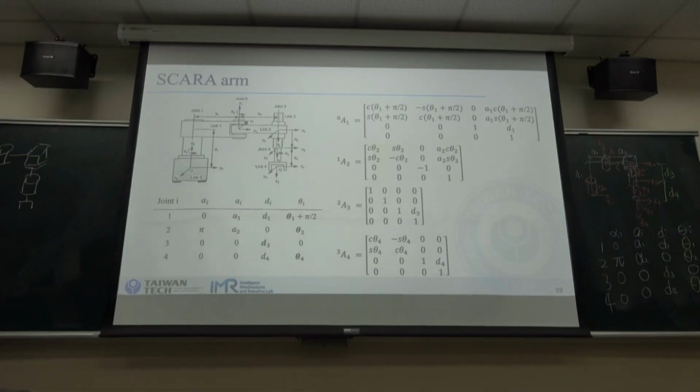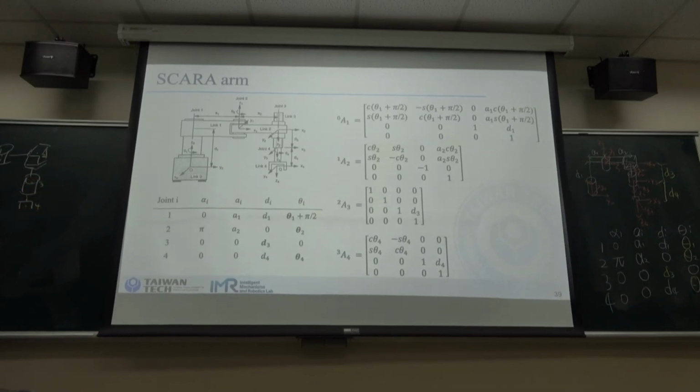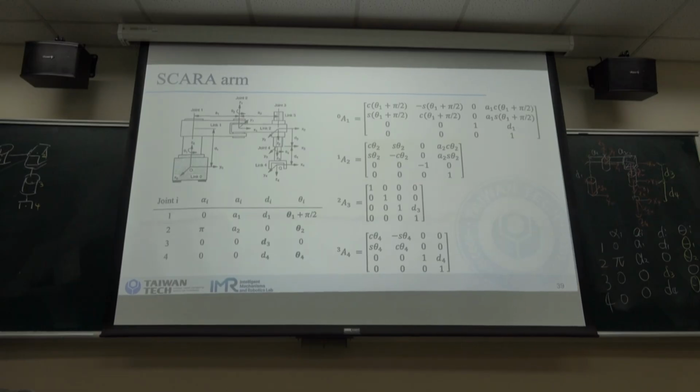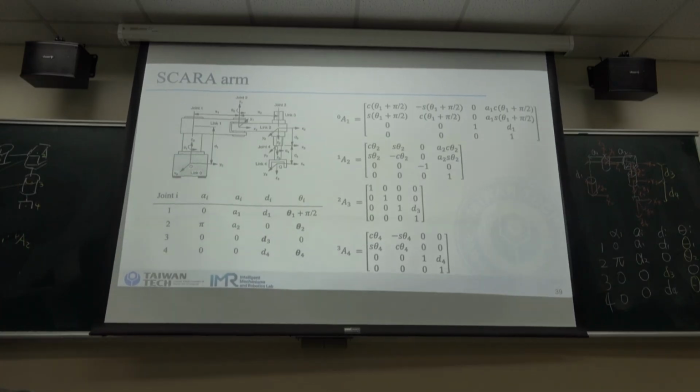So this one is 0, 1, 2, 3, and 4. If we want to get the 1, we can just refer to this one. And if we want to get this one, it's A02, equal to 0,1 times 1,2. And if we want to get this one, it's A03.